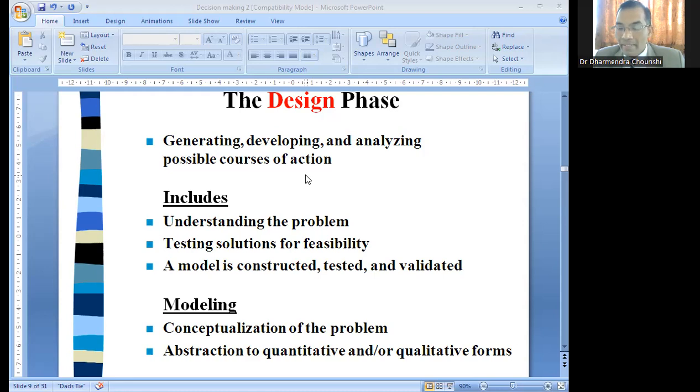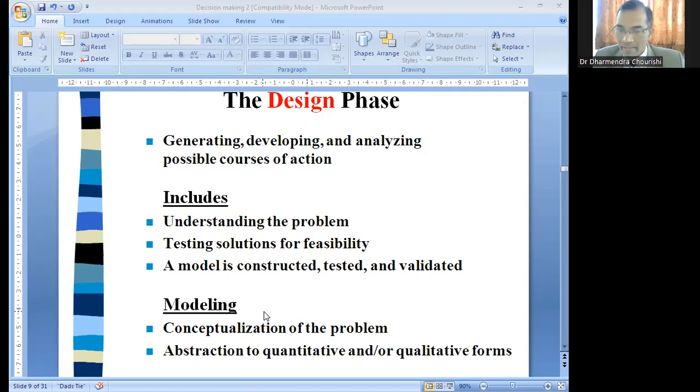Model means we will make a structure of how that decision will be taken: steps, or you can say different research work that will be done before we go for the decision making system. Modeling, conceptualization of the problem, as we are talking about identification and understanding of the problem. The concept, everything should be clearly defined, written, stated, and shared with the employees or top management.